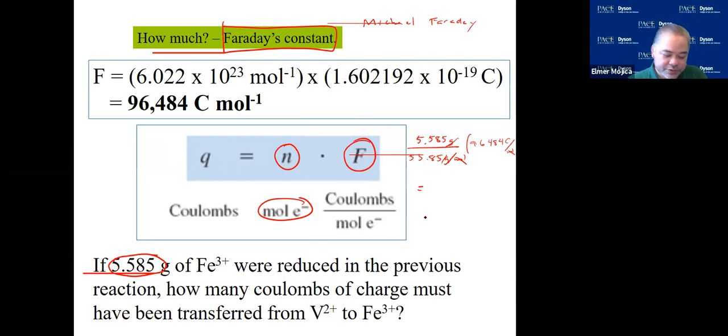Okay, so 9.6 coulombs. So that's the simplest calculation that we have here, wherein we're given the grams and we are asked what's the charge.